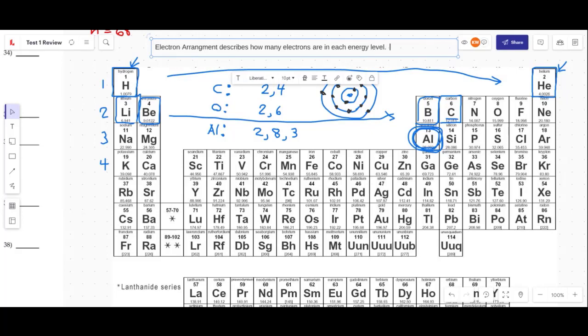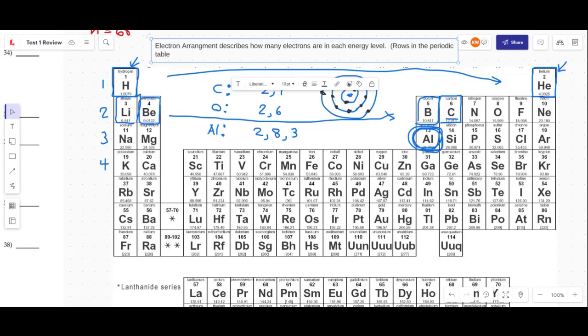And rows in the periodic table match, or can even be thought of as, energy levels. And each box in the periodic table is a place you can think of as a place for 1 electron.